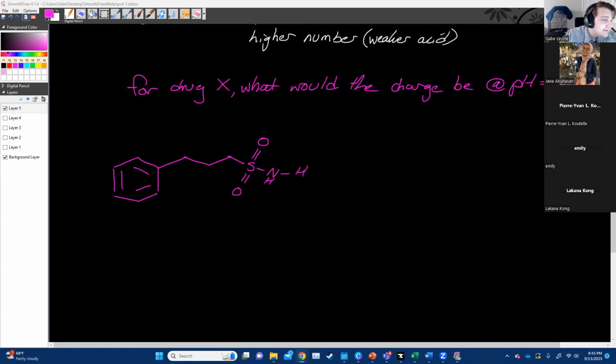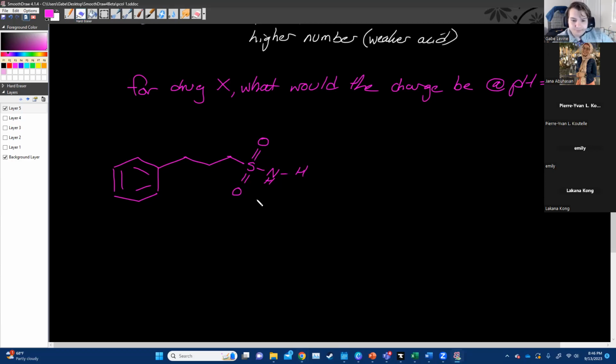I can't find it. I don't want to give you the wrong information, so I'm going to swap this out for an image. We can do a phenol. We'll pop this off, and we will put an OH here.